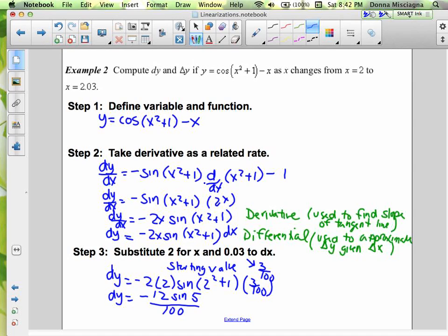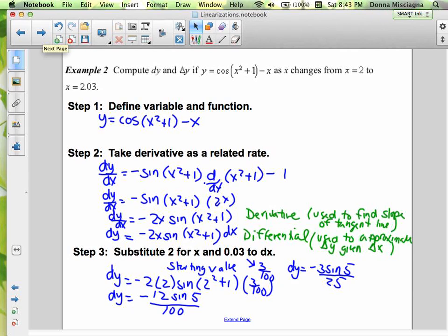We could simplify that because the 12 and the 100 reduce by 4, so it'd be negative 3 sine 5 over 25. We could get a decimal approximation, but we'll just leave it. You can plug it into a calculator if you wanted. That's how much it'll change.